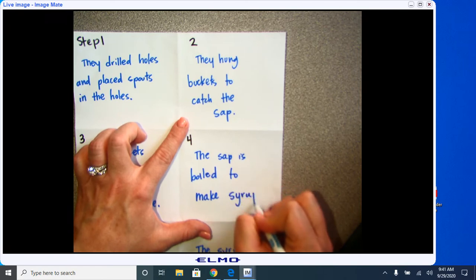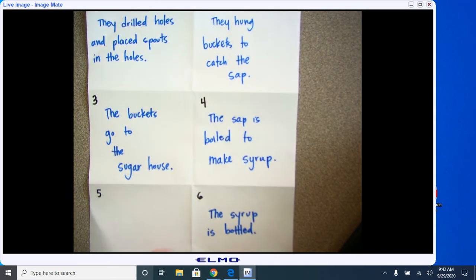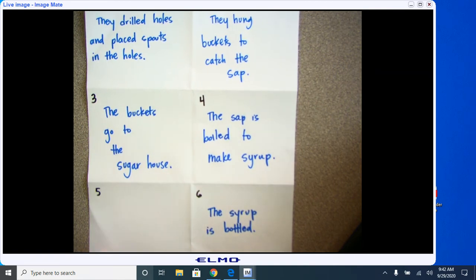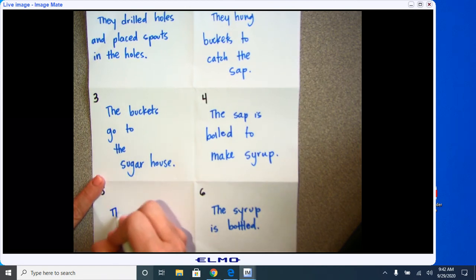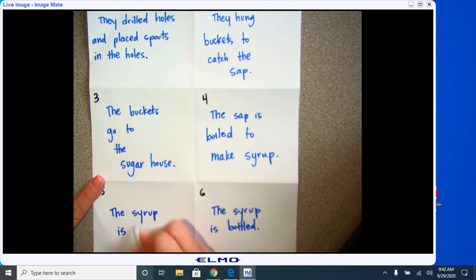Remember, he said that they boil off the water so that they can make it into syrup. Now, before they put it in the bottle, after they boil it, do you remember what he and the little boy did? They taste tested it. That would probably be my favorite part too.